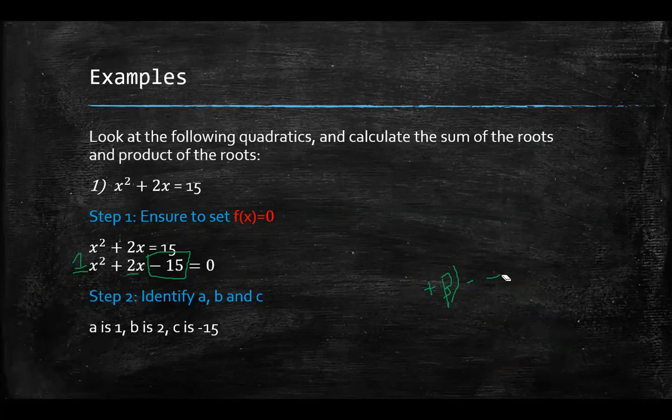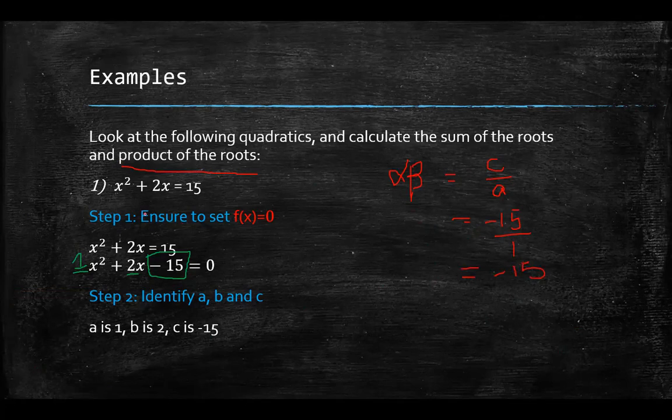And they also want the product of the roots. We know alpha beta, alpha times beta, is equal to c on a. C in this case is negative 15, and a is 1. So alpha beta, also known as the product of the roots, is minus 15 in this case.